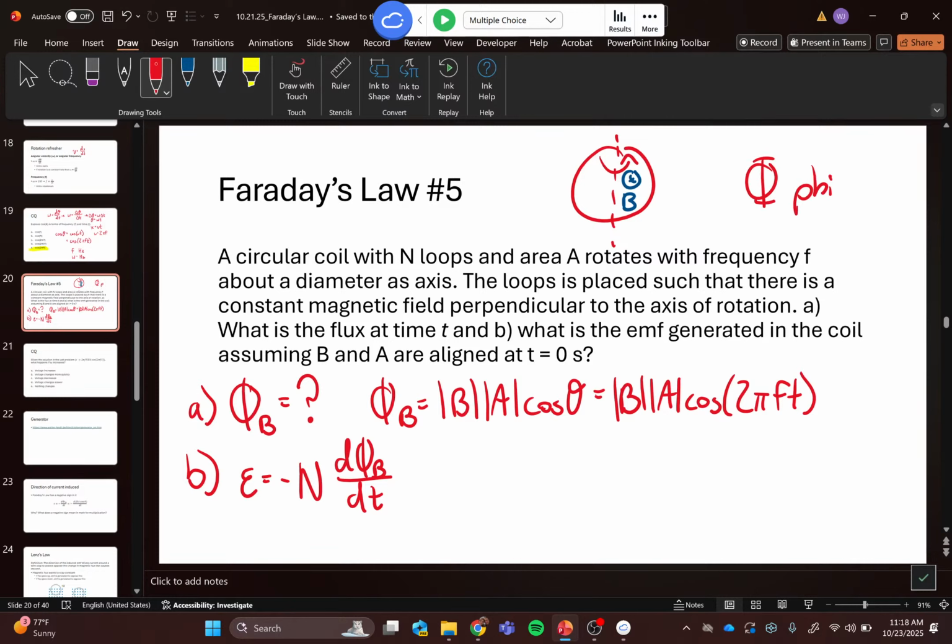So negative N d, and we just put our flux in that we just found, cosine of 2 pi ft, dt. B and A are constant. Pull them out. You all go ahead and do the derivative of cosine 2 pi ft. Try it for yourself. Give you all like 30, 40 seconds. It's a pretty easy derivative. It's what all of you should be able to do fairly quickly.